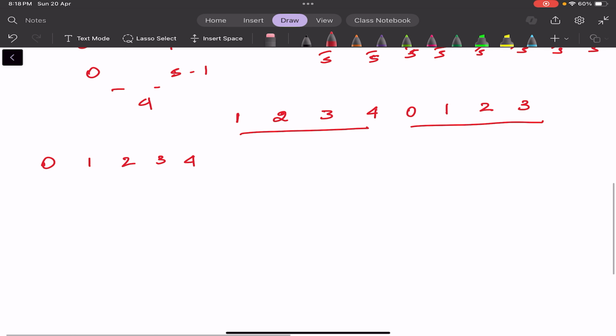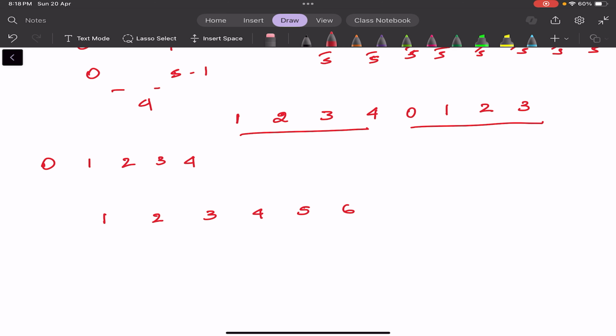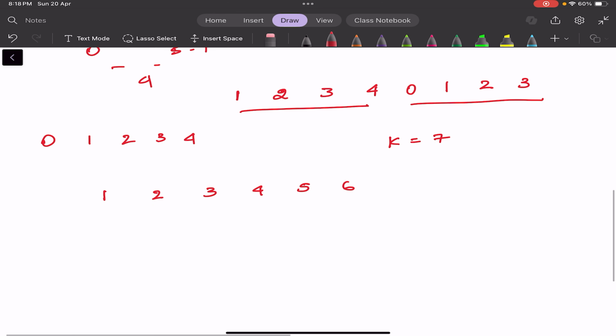So for simplicity, I'm taking 1, 2, 3, 4 and 5, 6. Okay, so let's assume my k is 7, right? So I have 1, 2, 3, 4, 5, 6, 7, right? Let's start with the first number. I have 1 here.